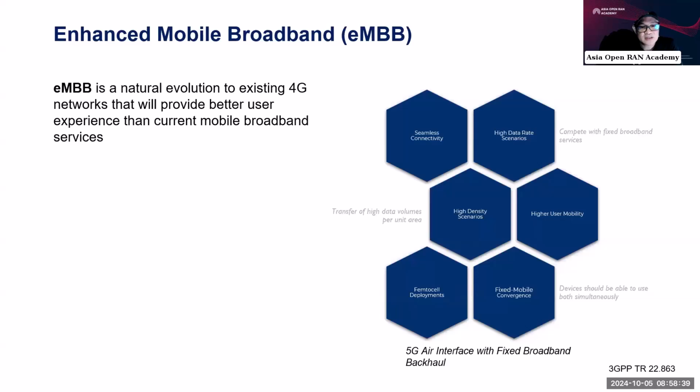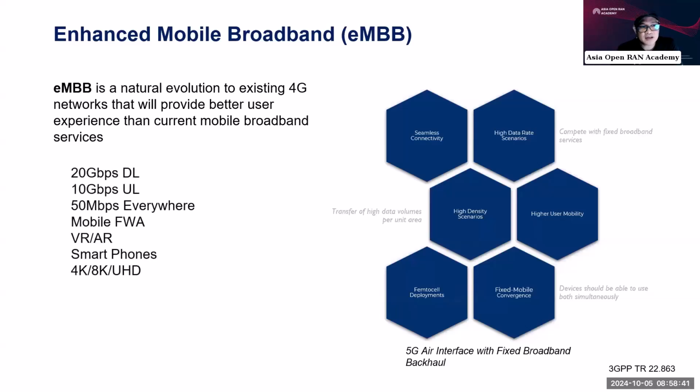Okay. So the eMBB target is 20 gigabits per second sa downlink and 10 gigabits per second sa uplink, 50 Mbps everywhere. Meron kang mobile fixed wireless access, and then you have virtual reality, yung kinakabit sa ano, nanonood ka, and then augmented reality, smartphones, and 4K and 8K UHD.